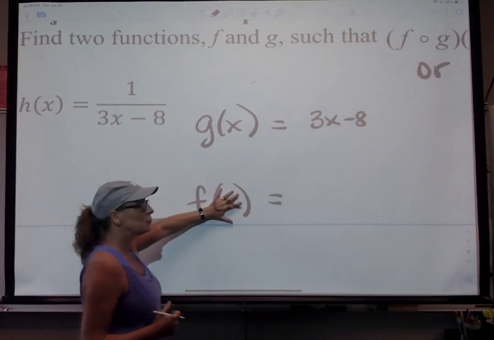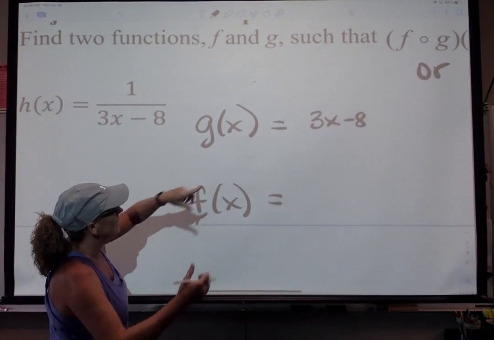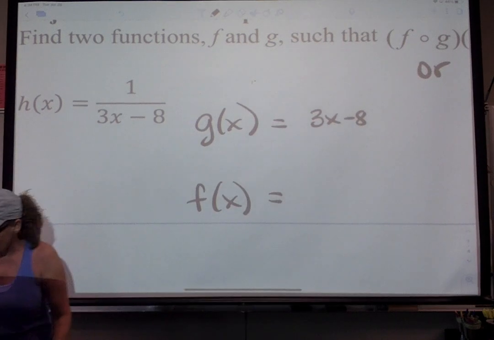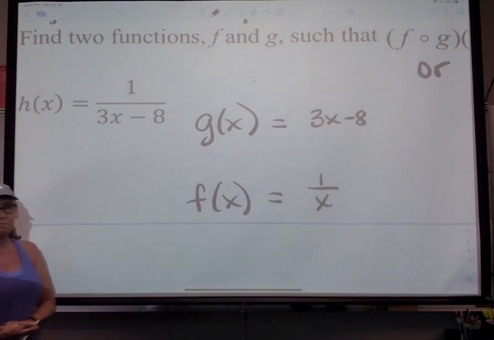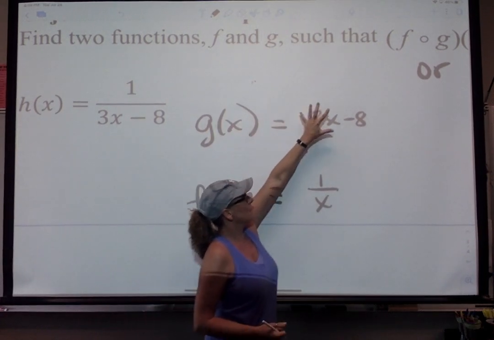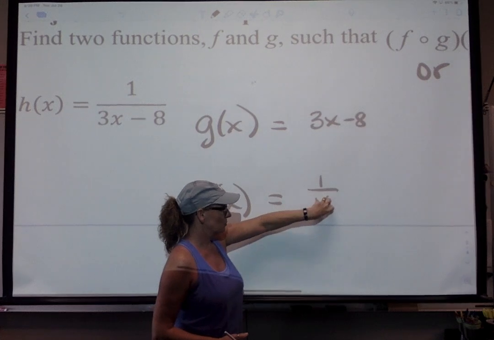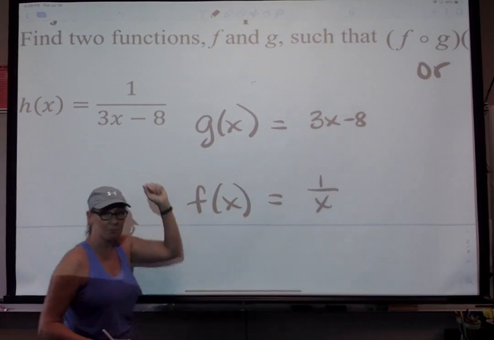What would this have to have been so that you would take out the x and put 3x minus 8 in its place? I think it would have to look like that. Ready? So let's embed this function into this function. So remove this, put this in its place. Yep, that's what you get.